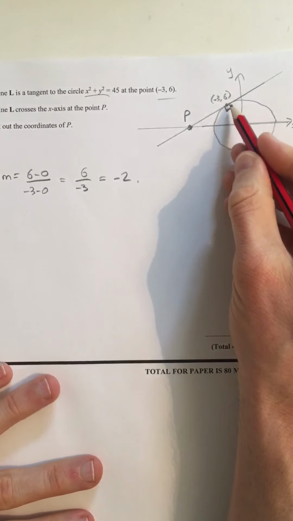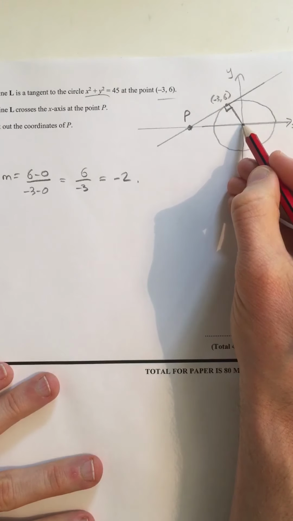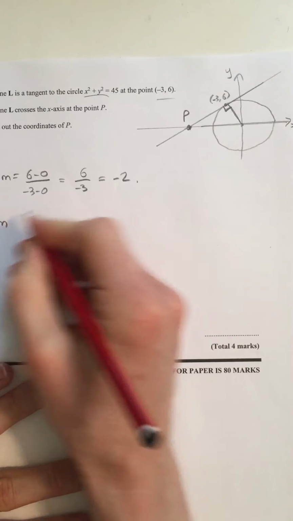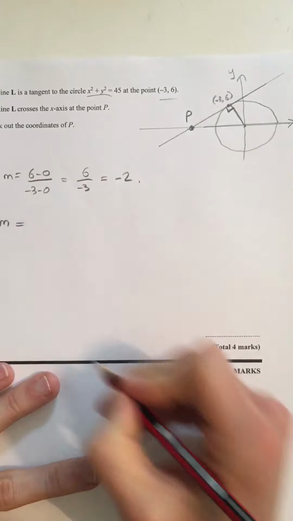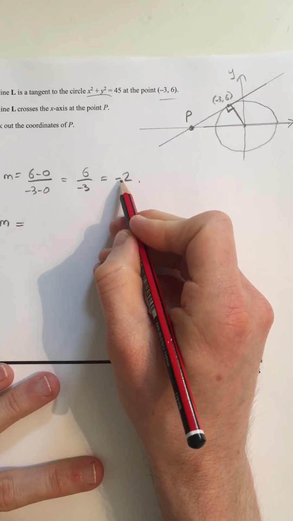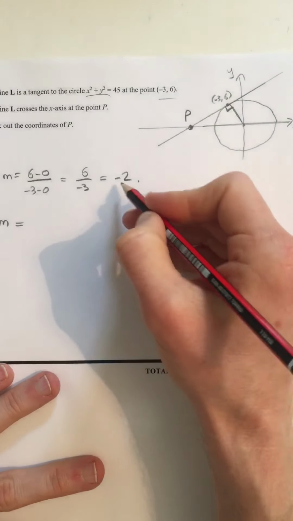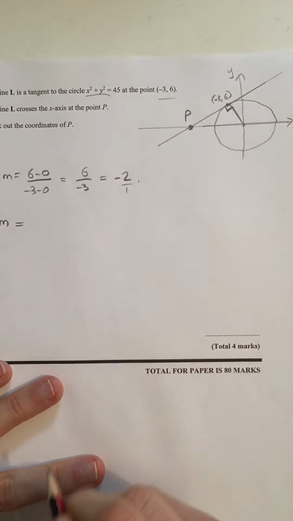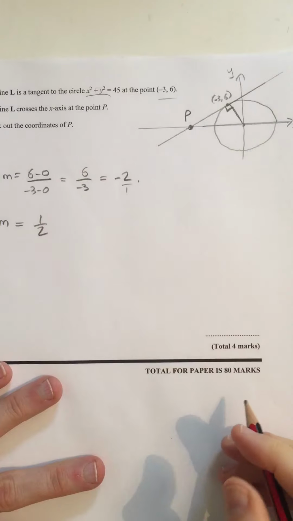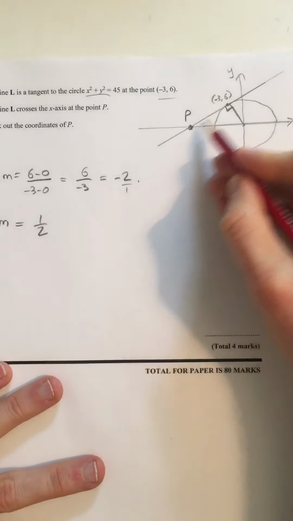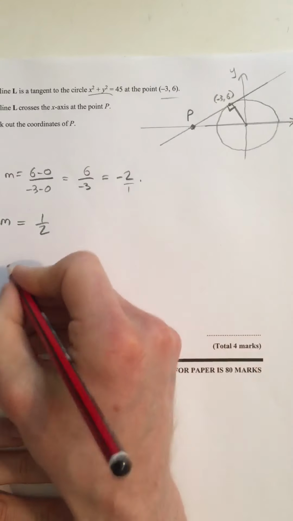So the gradient of my radius here is -2. So the gradient of the tangent then is the negative reciprocal of that. So if that's negative, I'm going to make my gradient positive, and the reciprocal of 2 over 1 is 1 over 2. So the gradient of this line is a half.